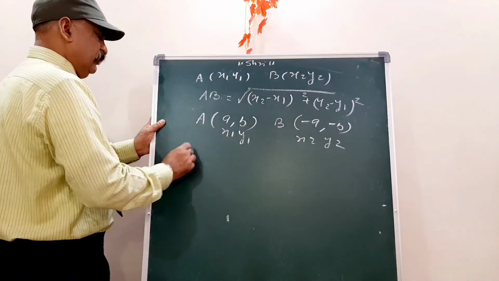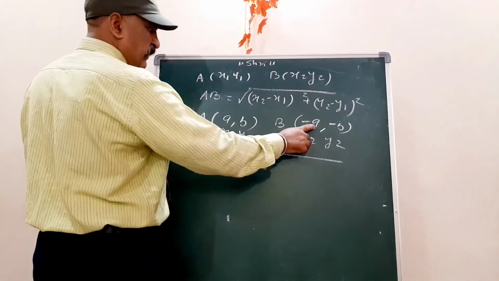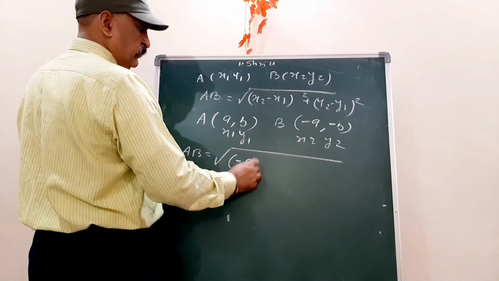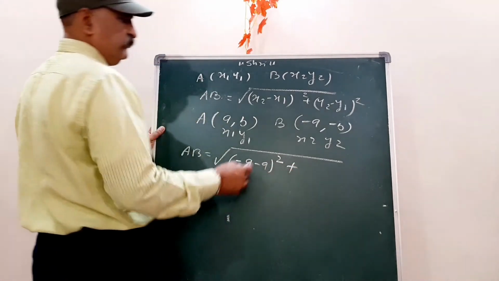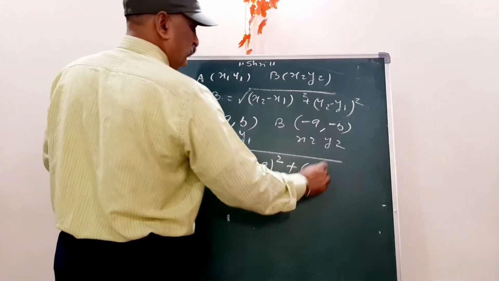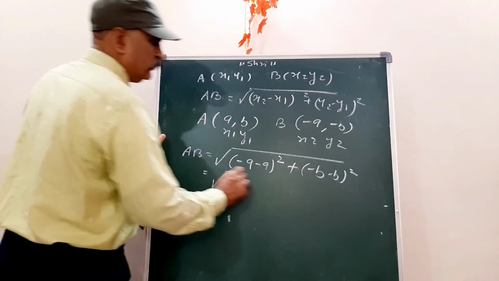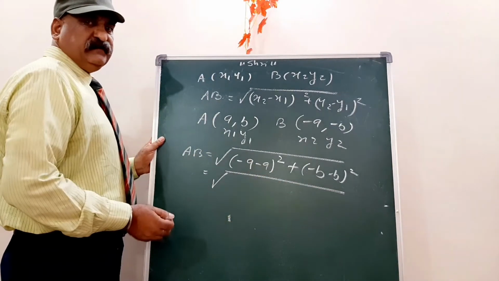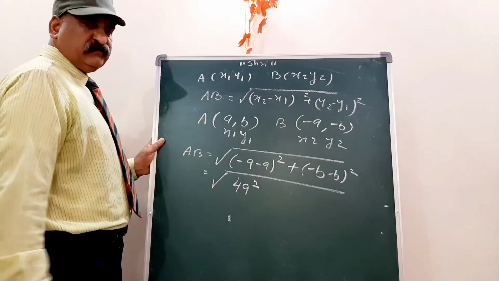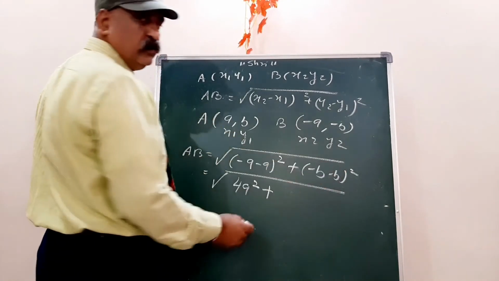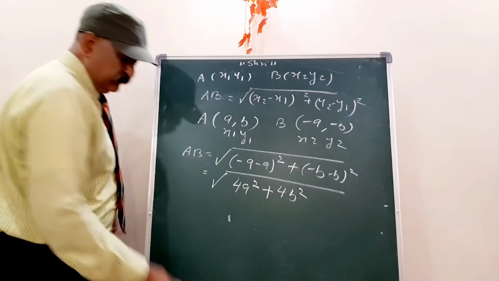Now AB is equal to under root of (x2 minus x1) whole square plus (y2 minus y1) whole square. So you can write under root of (minus a minus a) whole square, minus 2a whole square means 4a square, plus (minus 2b) whole square means 4b square. Okay, now let us see.